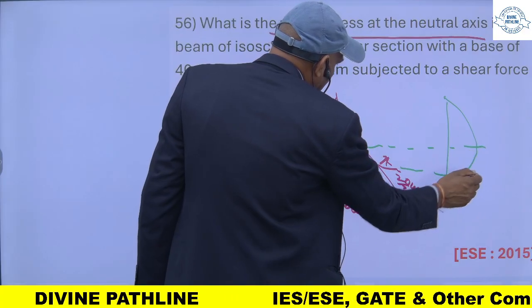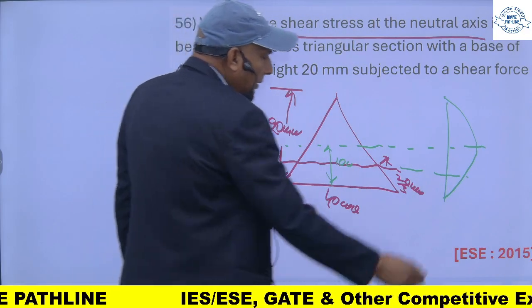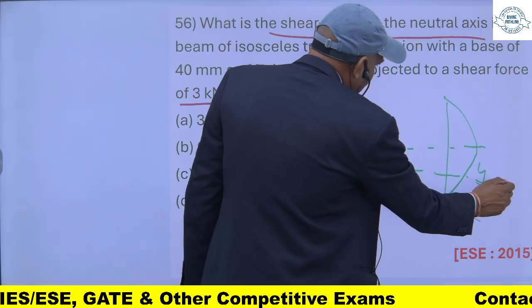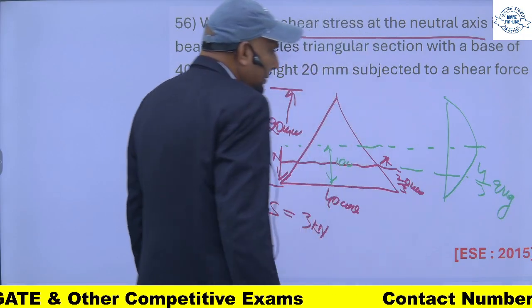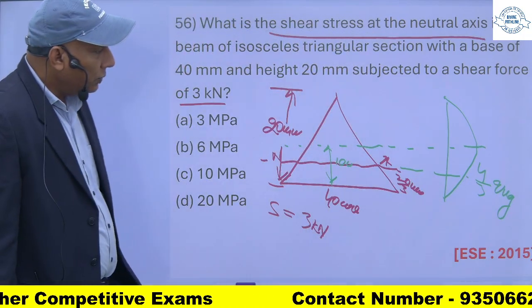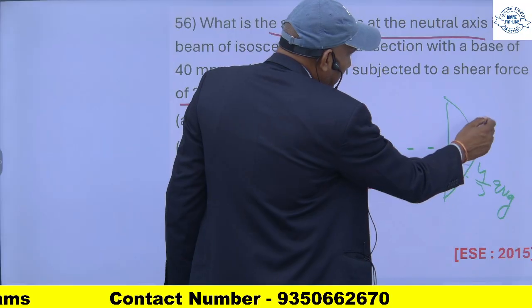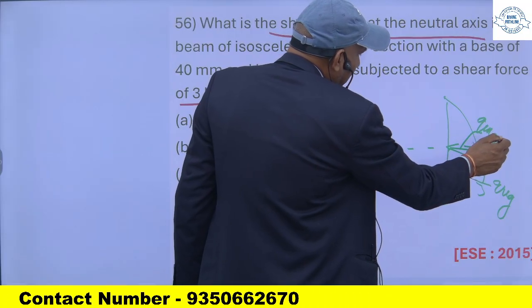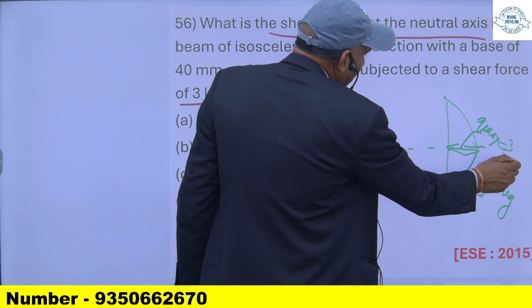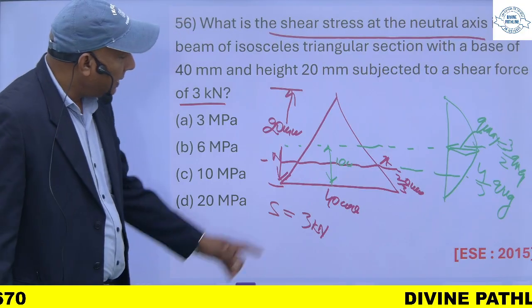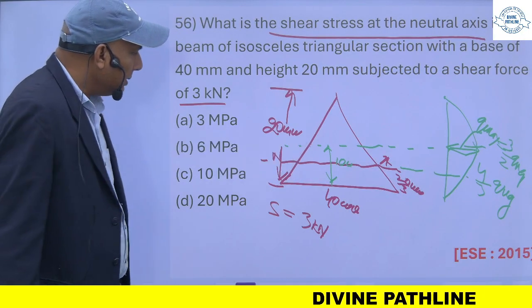So at the neutral axis, it is 4 by 3 of the Q average. At the maximum shear stress, this will be 3 by 2, means 1.5 times of Q average. And remember, it will occur at the mid height, at the 10 mm.